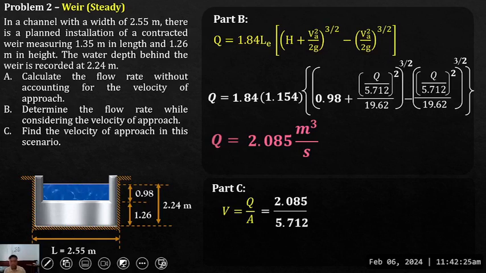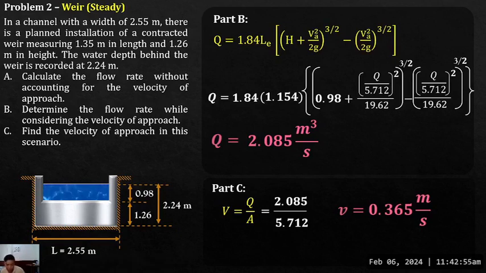So what is now the value of the velocity? So velocity of approach would be 0.365 meters per second, kasi velocity siya.